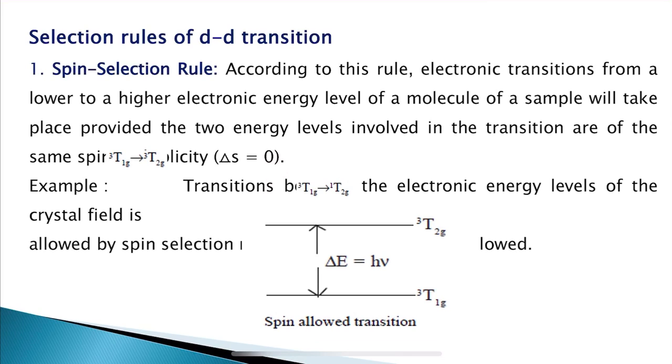For example, suppose an electronic transition is taking place from 3T1g to 3T2g.